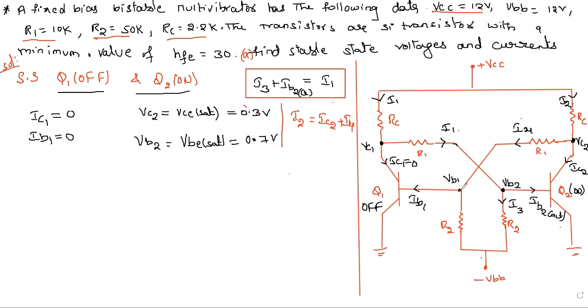Now come to VB1. As IB1 is equal to 0, the current flowing through this will enter into R2 as I4, because IB1 is 0. So no current will flow to this transistor. So these are the current distributions.